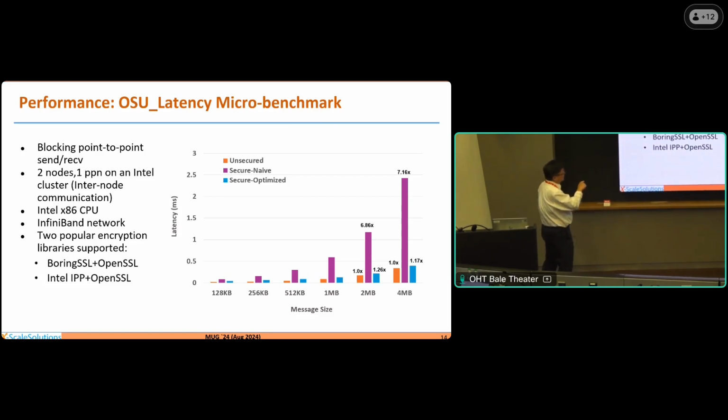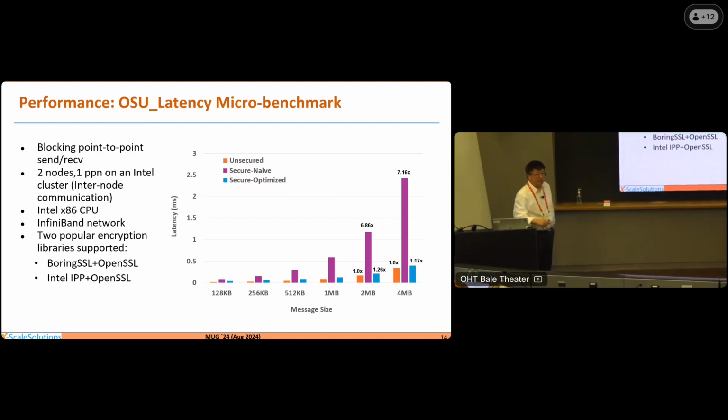The purple one shows the naive approach: you encrypt your message before you send, then after you receive it, you decrypt it at the receiving end. This is very similar to the IPsec standard. And the blue ones are where we put a lot of optimization mechanisms in, and that's what our current library is able to achieve.